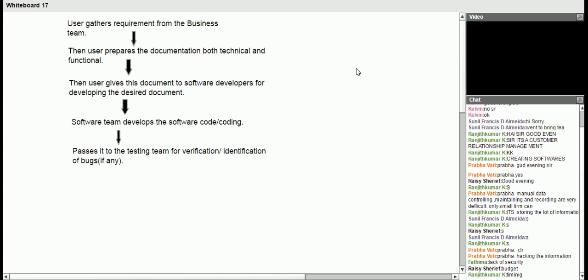Then once the code is checked, it is deployed on the server.